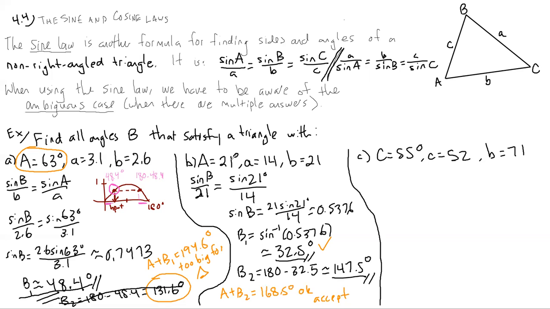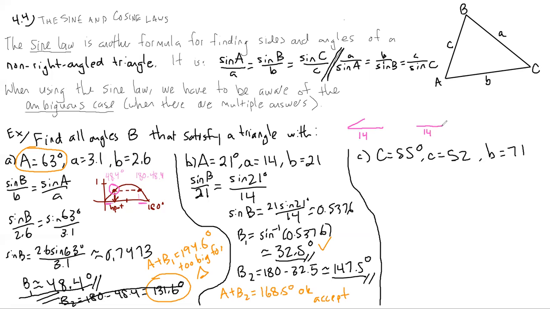Maybe up above what I'll do is actually just draw you what these two triangles are going to look like. So if we start with the side length of 14 and the 21 degrees, that's fixed in both triangles here.